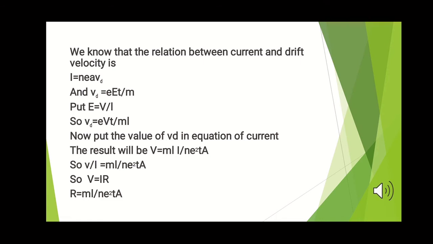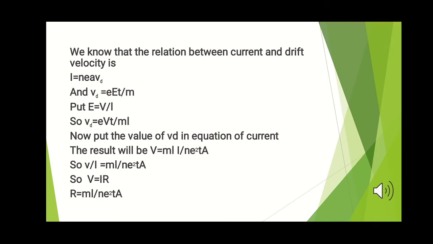One, the relation between the current and the drift velocity, that is I = neAVd, where I is the electric current, n is the number of electrons per unit volume, or the electron density, e is the charge of the electron, A is the cross-section area of the wire, and Vd is the drift velocity of the electron.